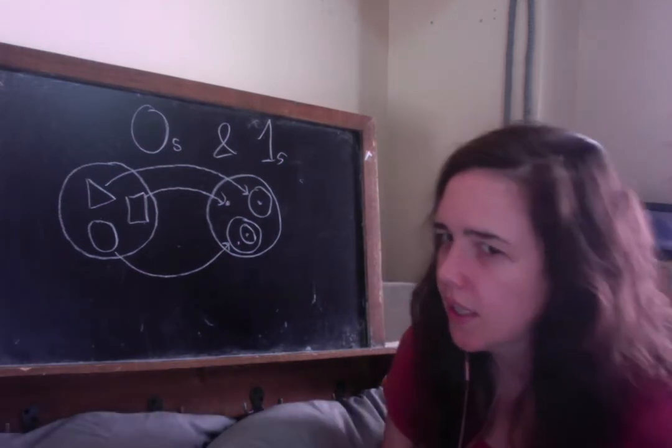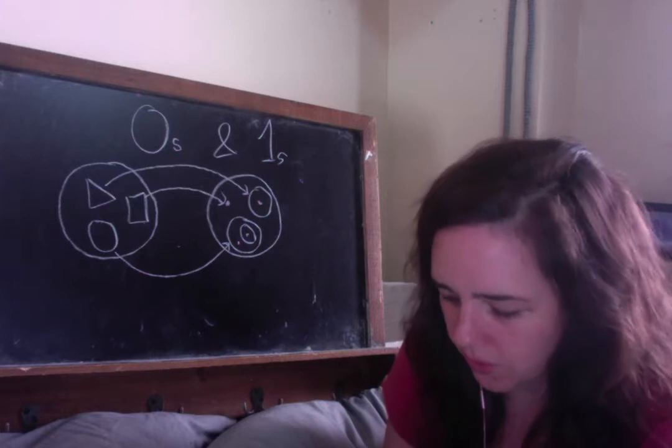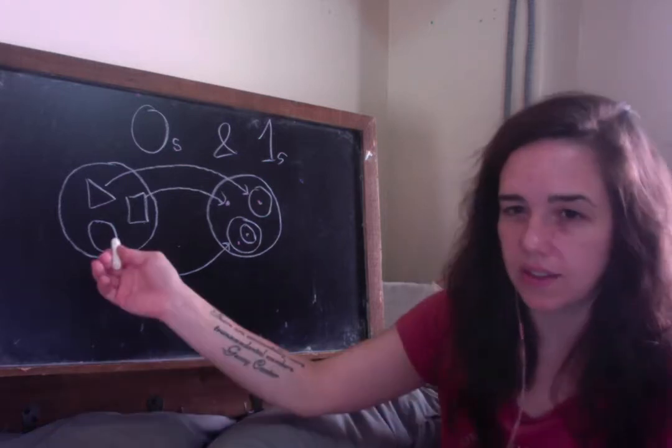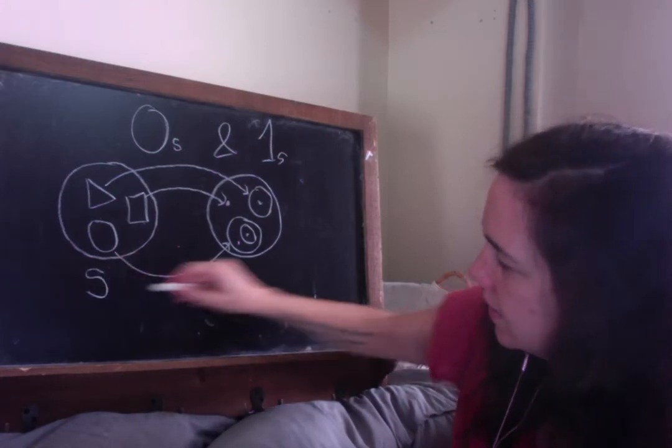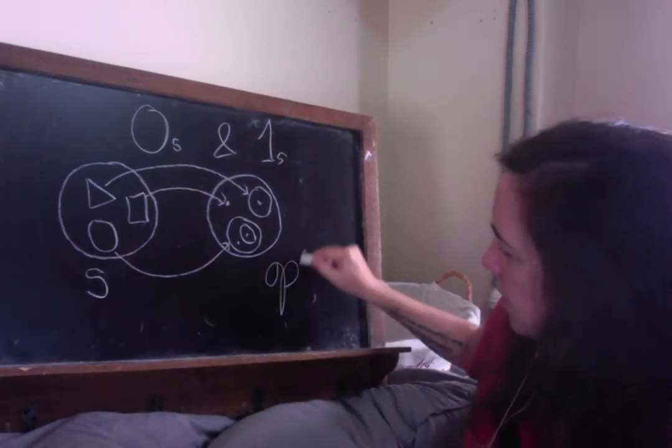Okay. So let's look at all the subsets of this set, or in other words, the power set of this set. So here's the set S. And we want to know, what about the power set?